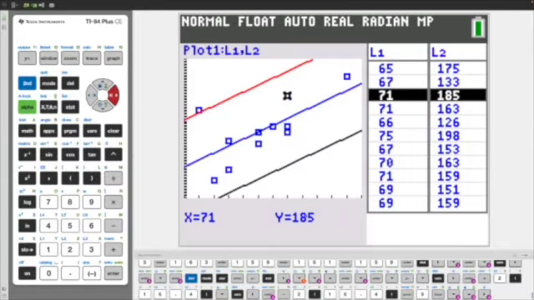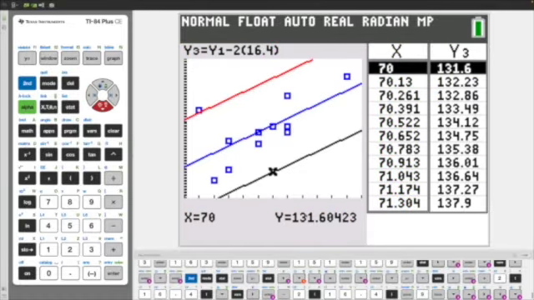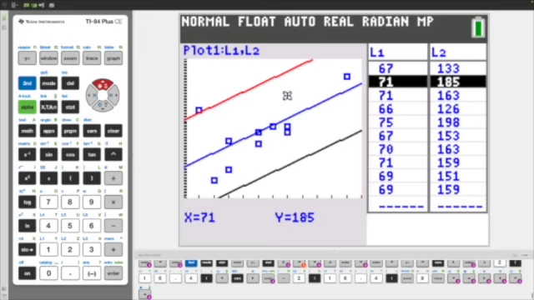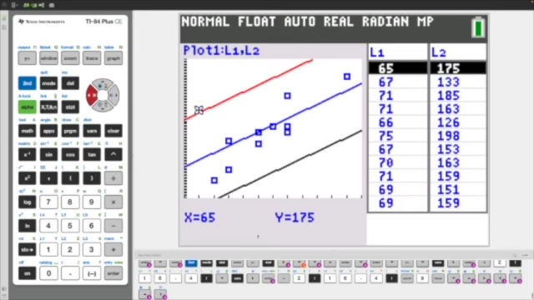Left and right will jump to the different points. Up and down will put you on the lines. So, back to the points. That outlier was the point 65,175. I'm going to say that that's an outlier because it is on the outside of those 2 standard deviations.